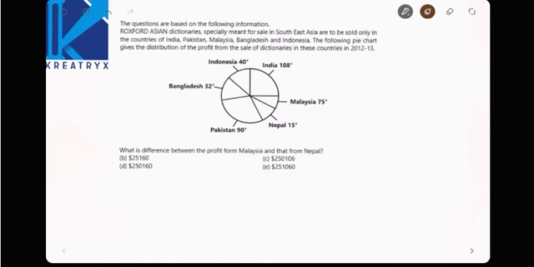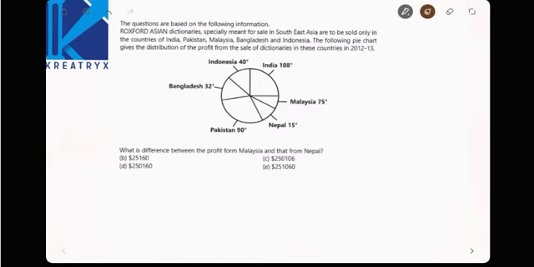Roxford Asian dictionaries, specially meant for sale in Southeast Asia, are to be sold only in the countries of India, Pakistan, Malaysia, Bangladesh, and Indonesia. The following pie chart gives the distribution of profit from the sale of dictionaries in these countries in 2012 and 13.